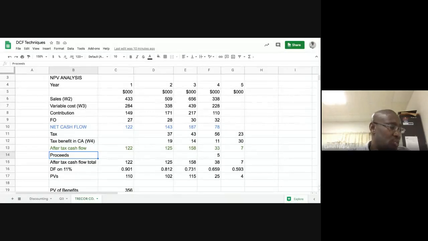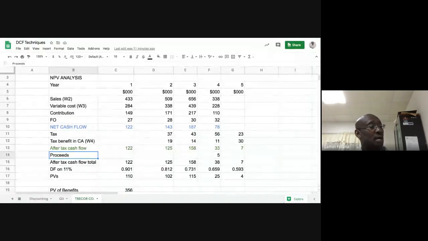Okay, so once you calculate your two discount rates, let's say 14%. If you use 14%, that may give you a positive NPV. Then you go a bit higher than that. Let's say you use 17% or 18%.